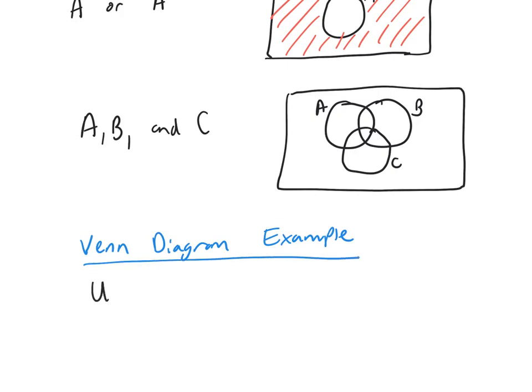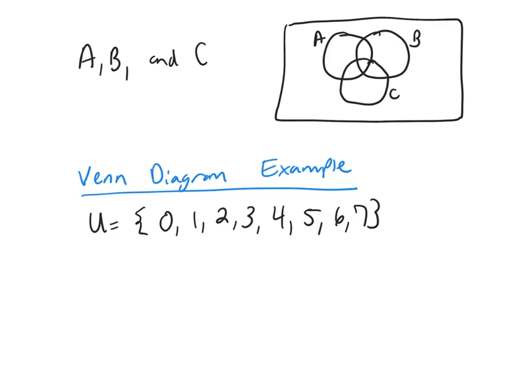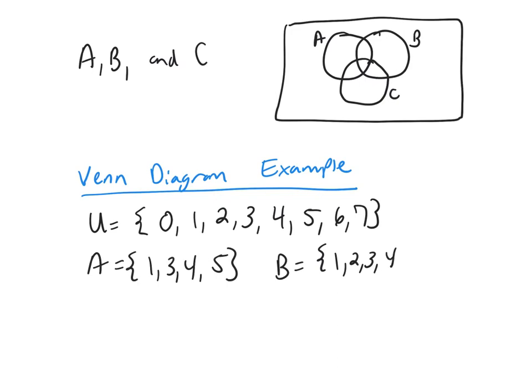So let's say I tell you that U is the universal set. It's all the integers from 0 up to 7. A is going to be the set 1, 3, 4, 5. B will be the set 1, 2, 3, 4.